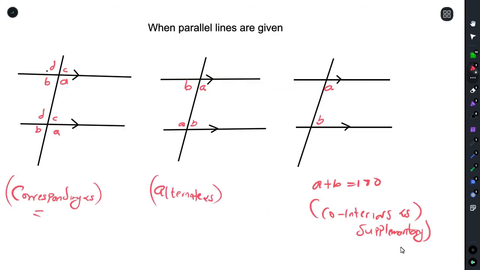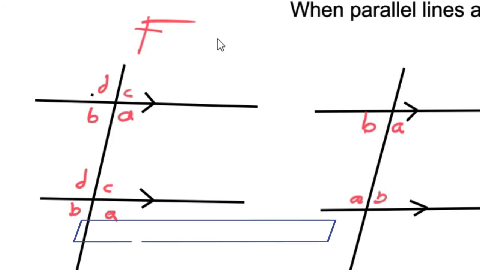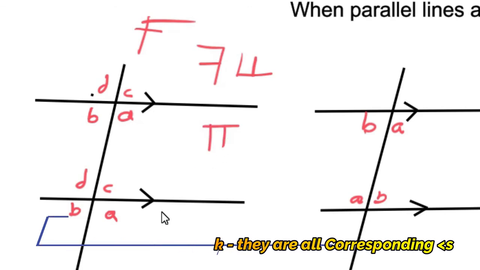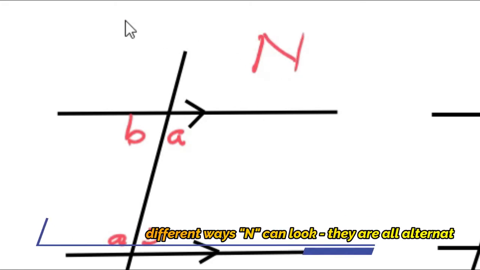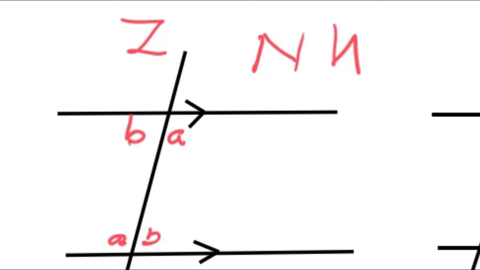Now, all this is true whenever you're given a question that has parallel lines. Normally, we call this FUN. The reason why we call that FUN is because the corresponding angles kind of look like an F. With the alternate angles, that is an N. We would say that these are alternate angles.